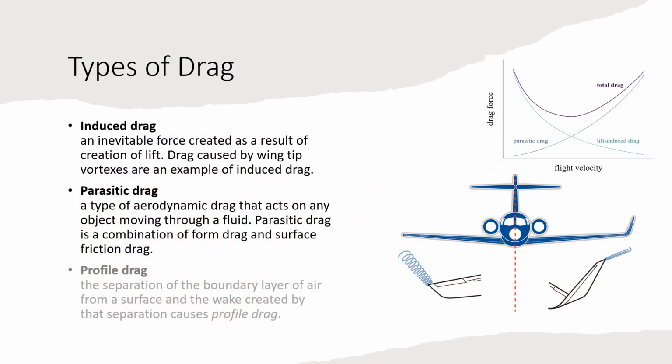Broadly, there are three types of drag to consider. Induced drag is an inevitable consequence of the creation of lift. At the wingtips of the airfoil, small vortices are developed as the air slides away from the undersurface of the wing, but is deflected inward over the upper surface.